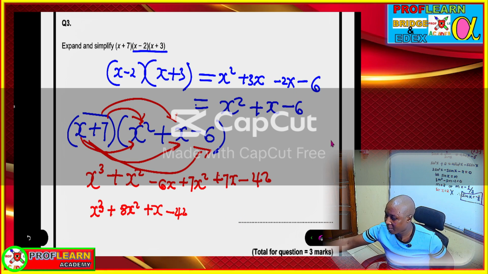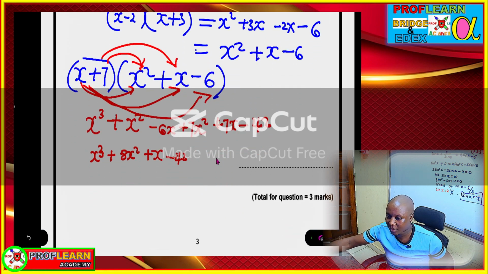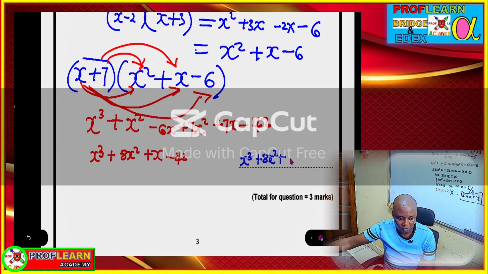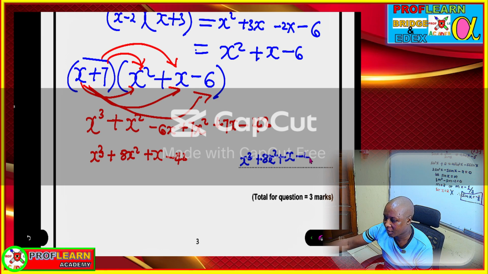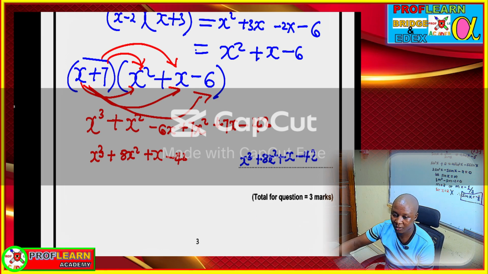Let me just simplify that. Transfer it here to be x cubed plus 8x squared plus x, and then minus 42 as the final answer. So as you are preparing for your exams, you need to ensure you prepare how to work out questions to do with expanding brackets.